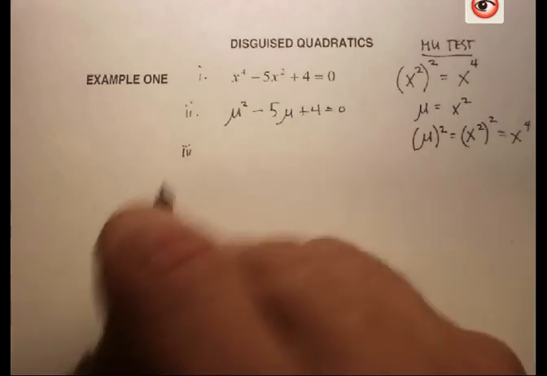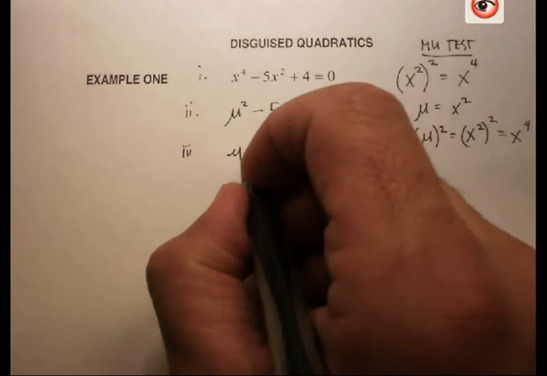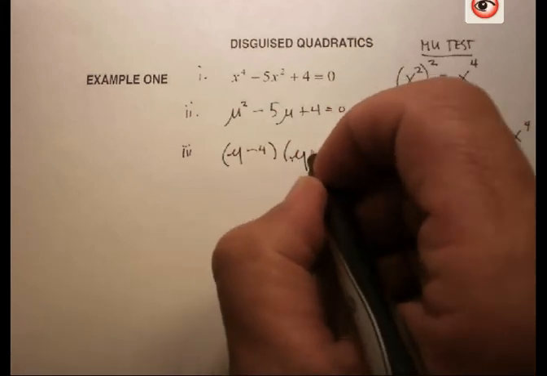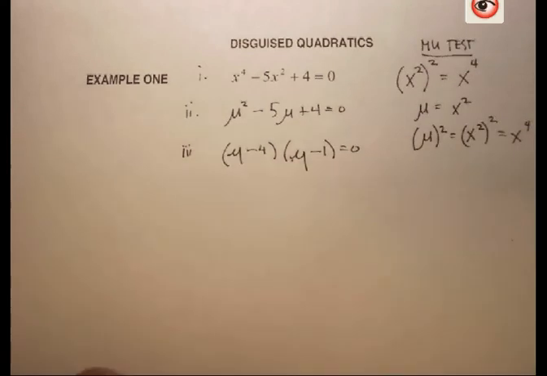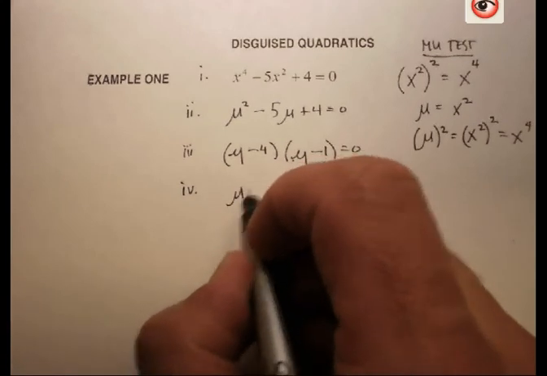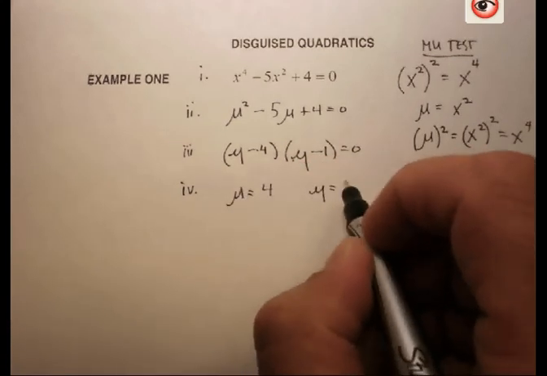This is actually factorable. This just says mu minus 4 and mu minus 1 equals 0. That's the factored form. That tells me that mu is equal to a positive 4, or mu is equal to a positive 1.